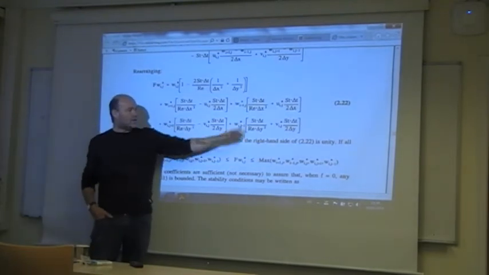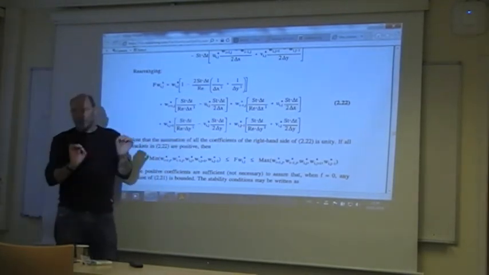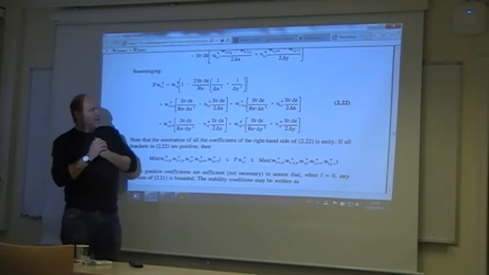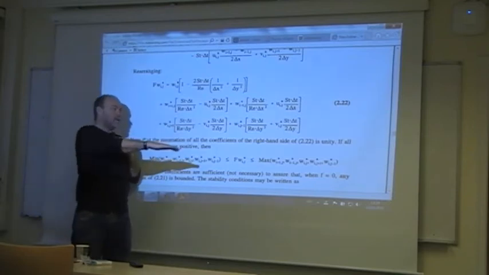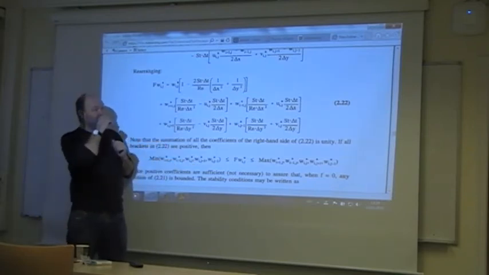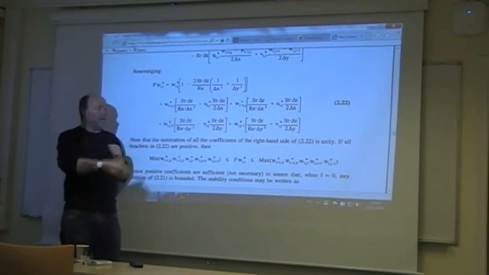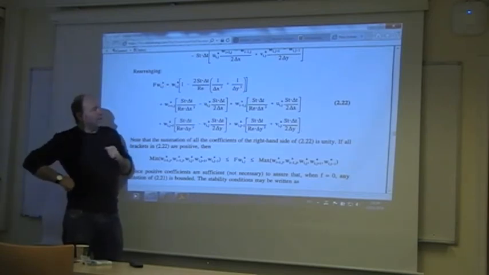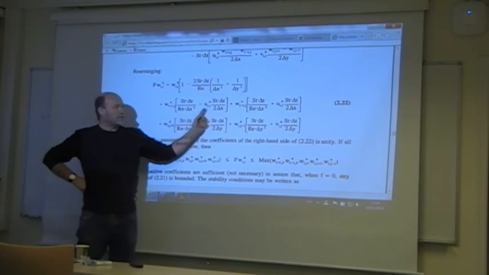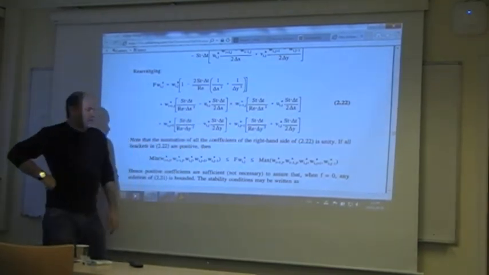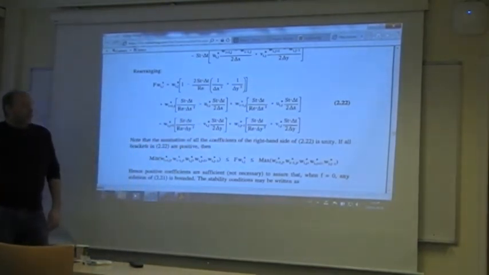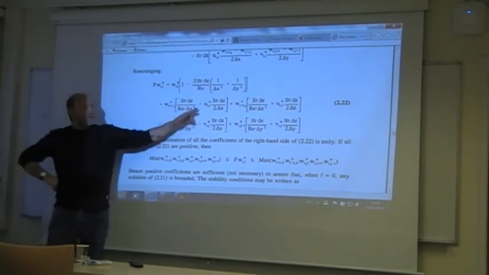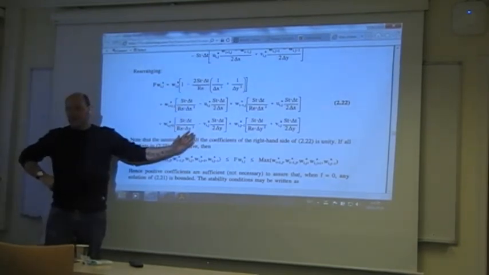This is in 2 dimensions, so it will be a 5-point discretization star. You need 3 points in the x direction to make a double derivative and a single derivative. Same in the y direction, so you'll have 5 points. Meaning we have 5 coefficients, all the square brackets. And again, if you add all these 5 square brackets, you get 1.